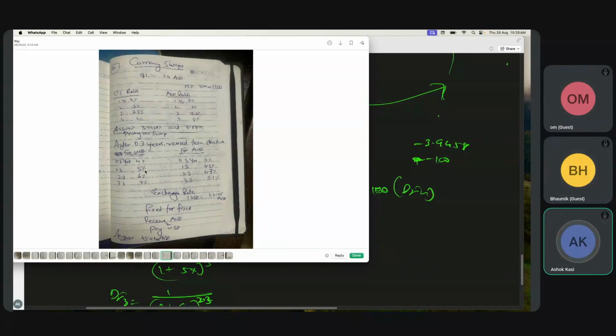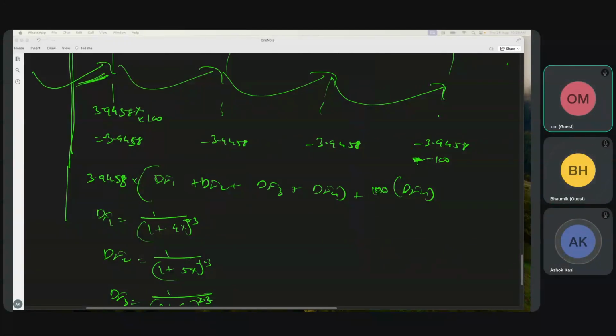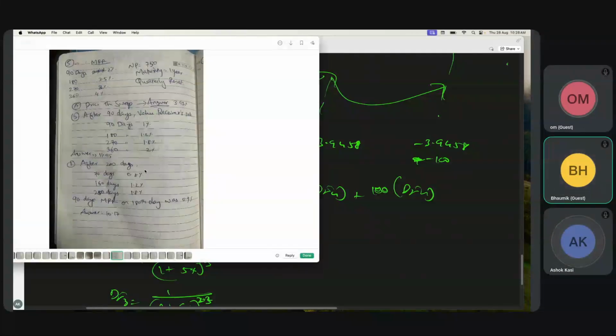Nothing different, we are doing it the same way. In the previous swap sum, we had the 70 days MRR, that was the 200 to 270 gap.